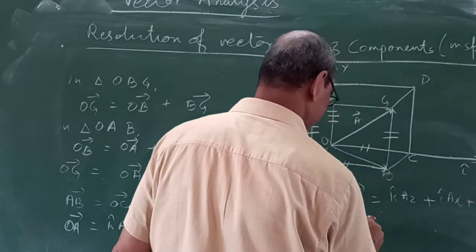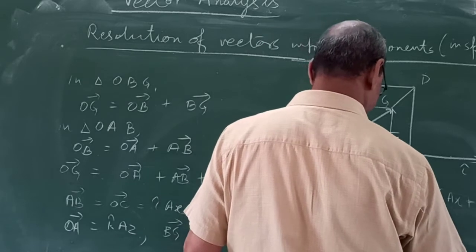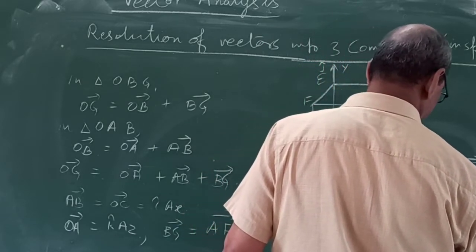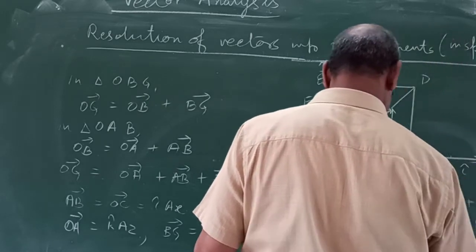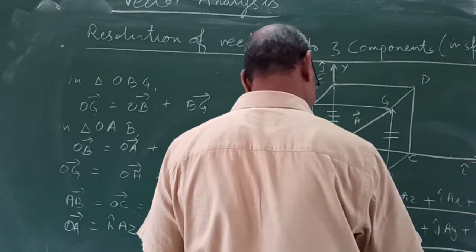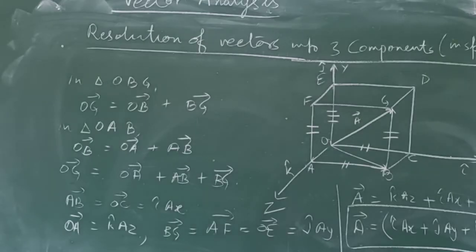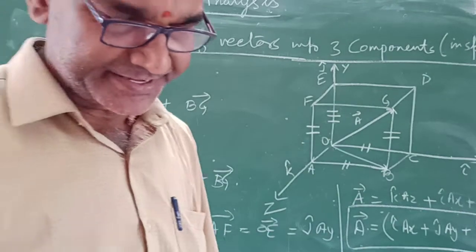Now we arrange the terms to get vector A is equal to i cap Ax plus j cap Ay plus k cap Az.